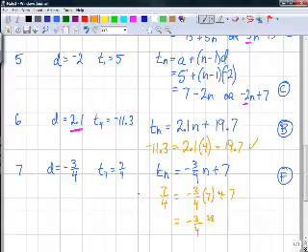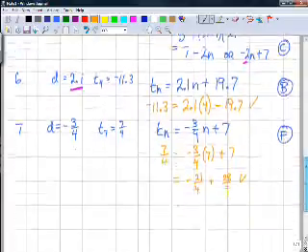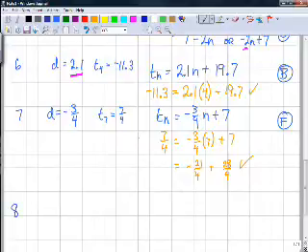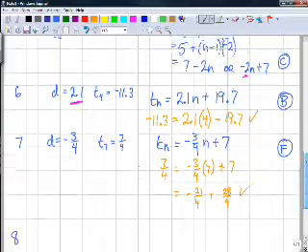T4 is negative 11.3, and it's the fourth term, 19.7. Yeah, I think that's going to work out. I think that's correct. So I'm just plugging T4 into the answer that I thought was correct to confirm it, and it is right.